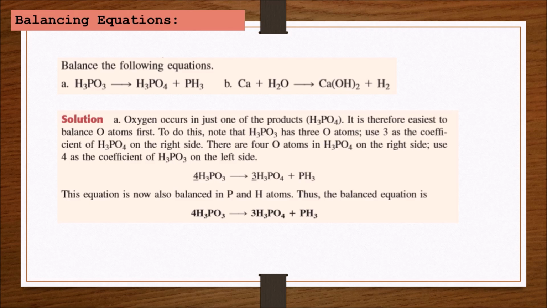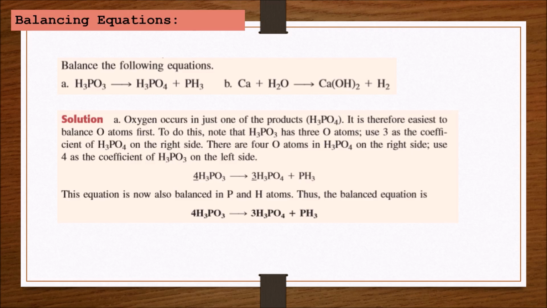As you can notice, this equation is now balanced in terms of its P atom and H atom. So you can write the balanced equation in this form. And as you count the number of atoms on both sides of the equation, you can determine that it is balanced.